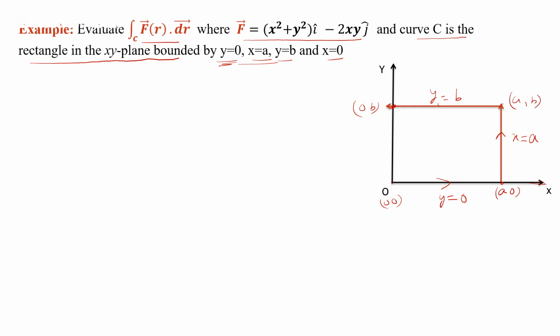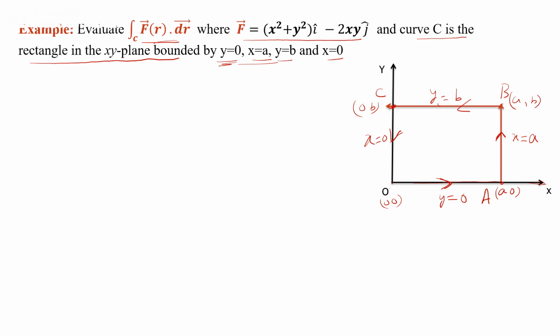We name these O, capital A, capital B, and capital C. Now we have to evaluate the integral, and that's in line x is equal to 0. So the region bounded by those lines, we have to evaluate the line integral along these lines: CO, OA, AB, and BC.